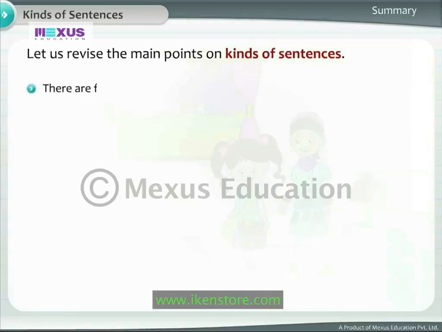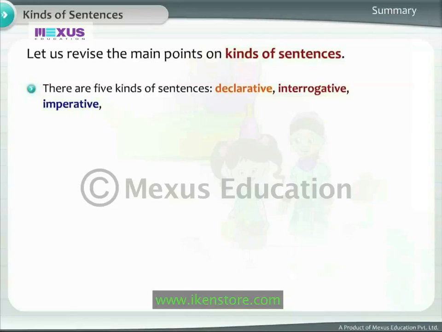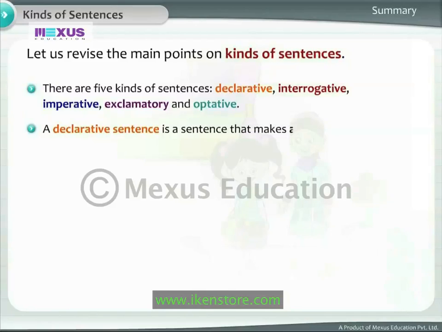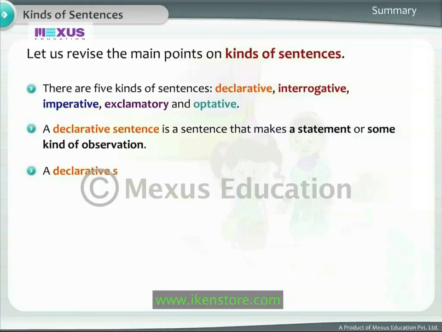There are 5 kinds of sentences: declarative, interrogative, imperative, exclamatory, and optative. A declarative sentence is a sentence that makes a statement or some kind of observation. A declarative sentence can state a fact, an argument, or an idea.